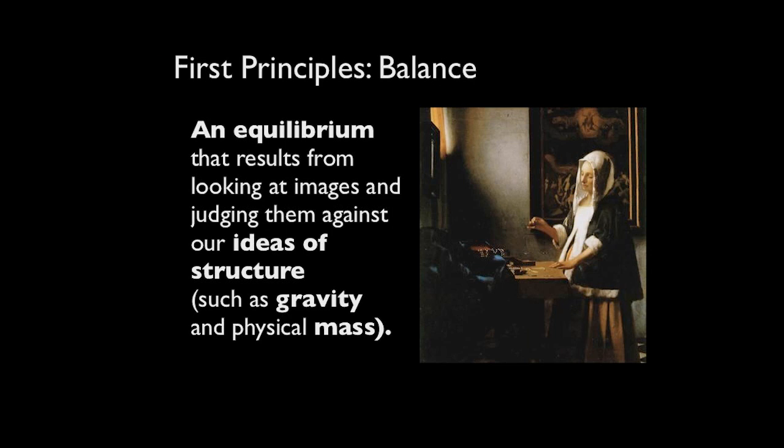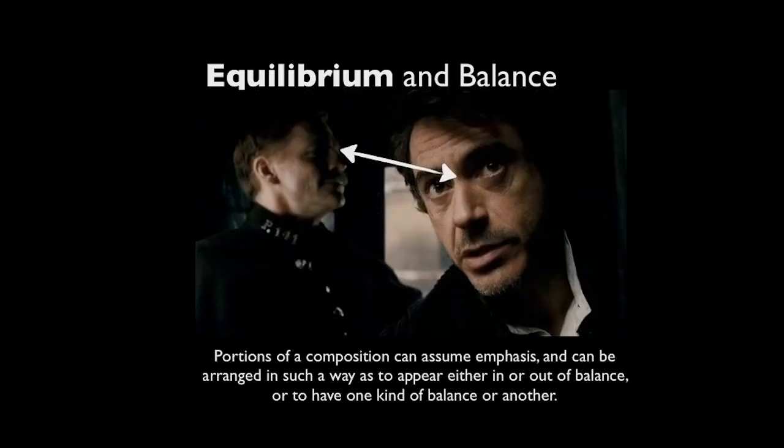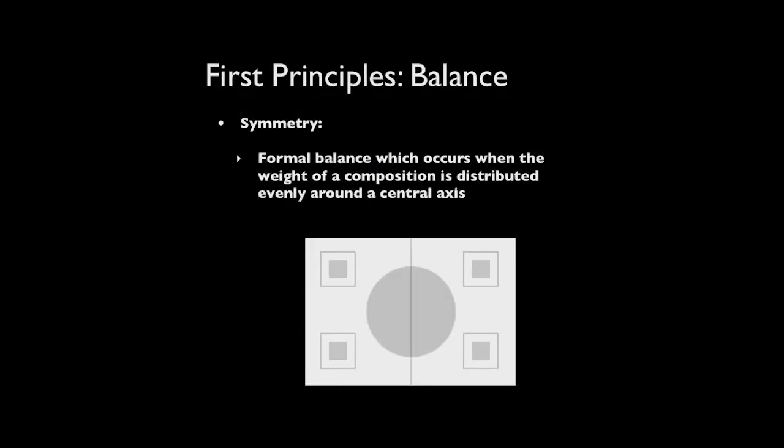So that affects our visual impression of the balance of things. Certain parts of an image can assume emphasis, and we can arrange them so that they seem to be in or out of balance, or to have one kind of balance or another.